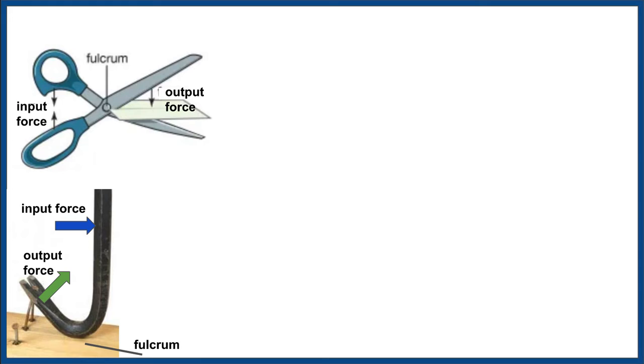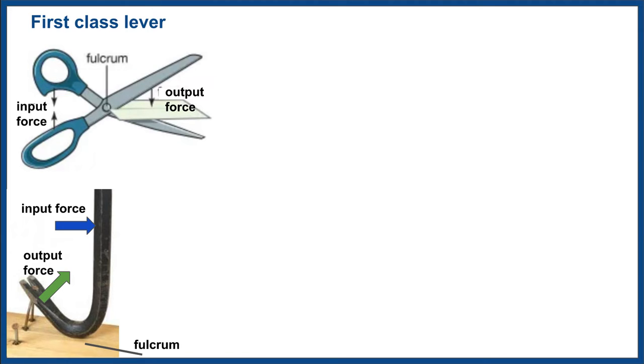And here as well, there's a fulcrum. It's this point at the bottom that it moves along, that it pivots on. You would pull on this side, and then the output would be over here to pull the nails out. Now these are called first class levers.